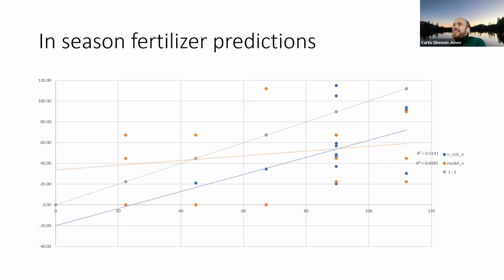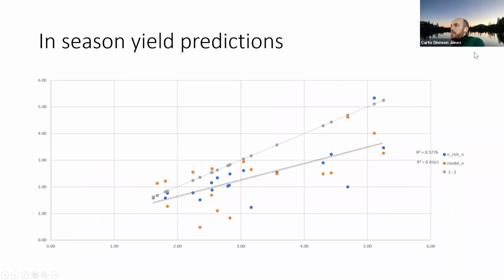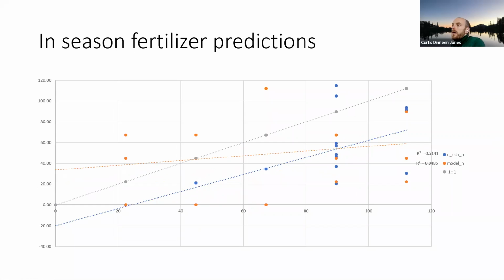But in terms of the fertilizer predictions, the model really deteriorates. So there's a lot of noise. Interestingly, the biases are similar in terms of the yields. And then you see a similar bias for the N-rich strips, but that doesn't end up getting tracked with the model.